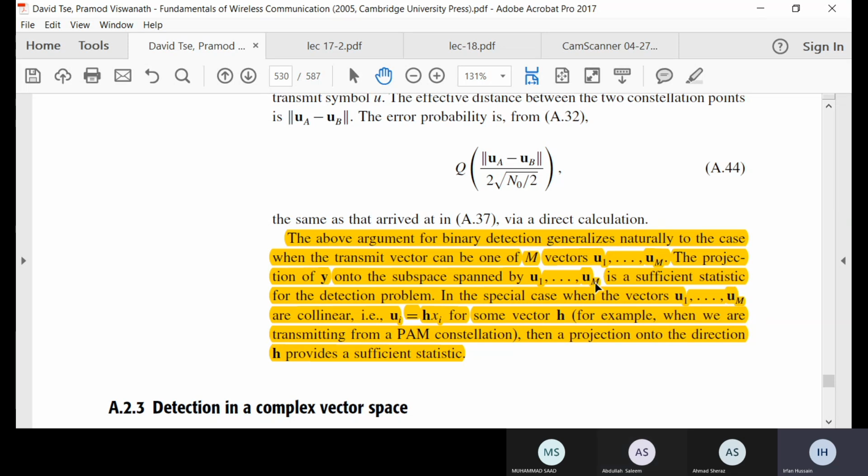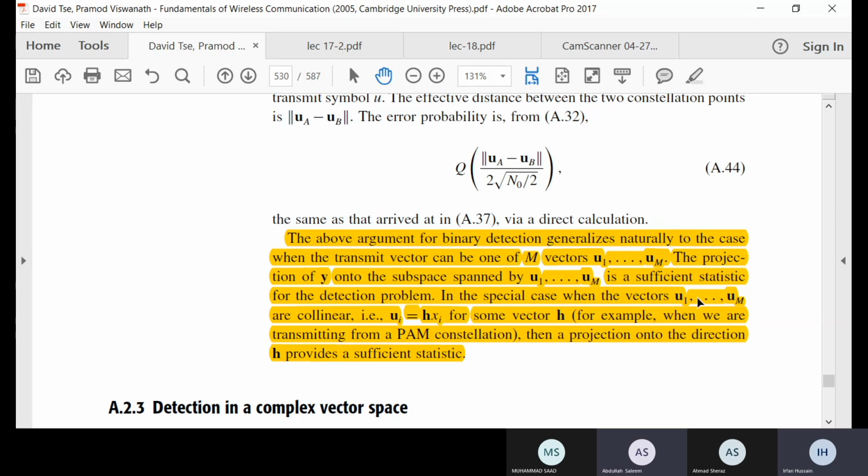Now see, when you do R minus R dash, you will get a 2-dimensional or 3-dimensional space, or plane, which covers all the transformations of R minus R dash. So if you have many vectors, you will form their subspace and you will project Y onto that subspace. Once the projection is done, you will get a scalar number. That will be the sufficient statistic.